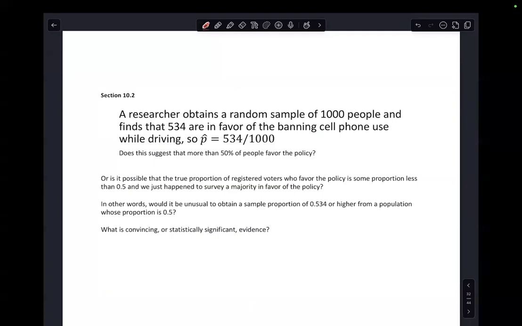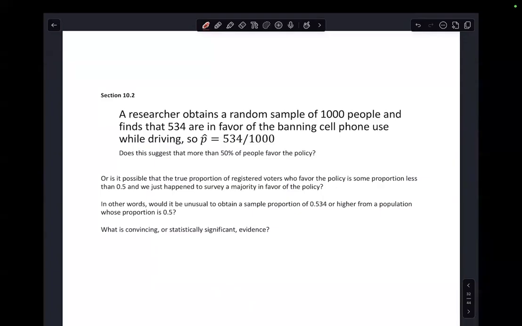In this case, our null hypothesis would be that 50% favor banning cell phones while driving. But our sample shows it's 534 or 53.4%. Therefore, this is going to be a right-tailed test, right? Because 53.4% is greater than 50%, this would be a right-tailed test.